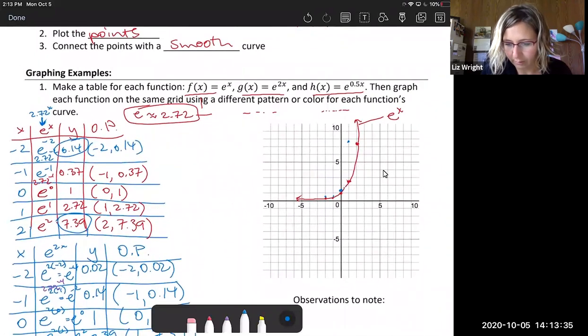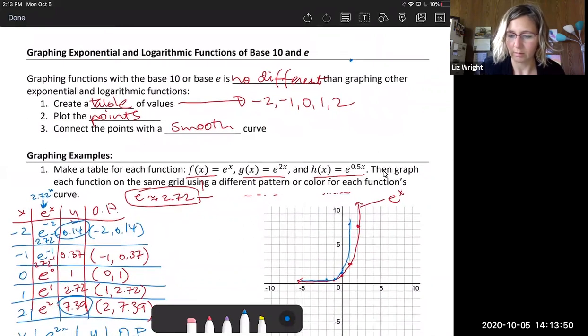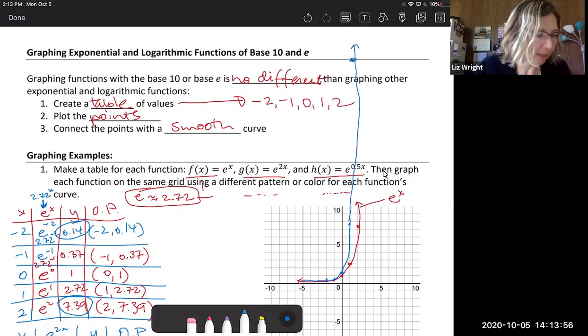And then my other points already moved on me. So these points, the blue points, had been below. So it's going to be like this, and then they intersect at 0, 1, and then it's going to drastically increase. Yeah, and I totally missed my point, but you get the idea.